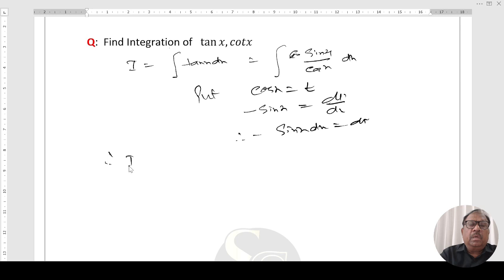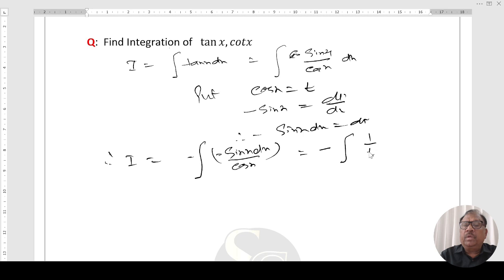Therefore the integration reduces to sin x dx upon cos x, with the minus sign. In place of this put t. This comes out to minus 1 by t dt.